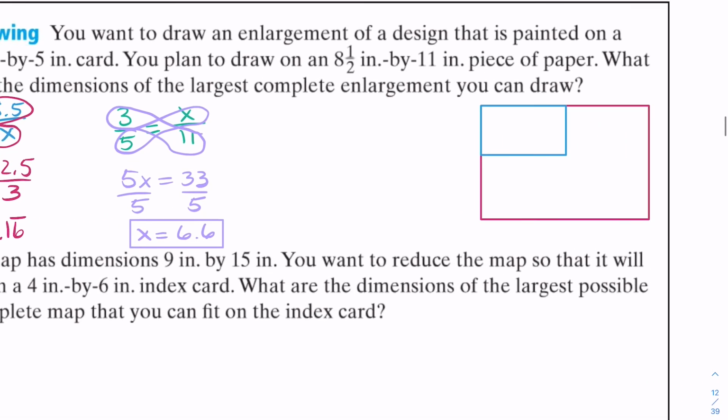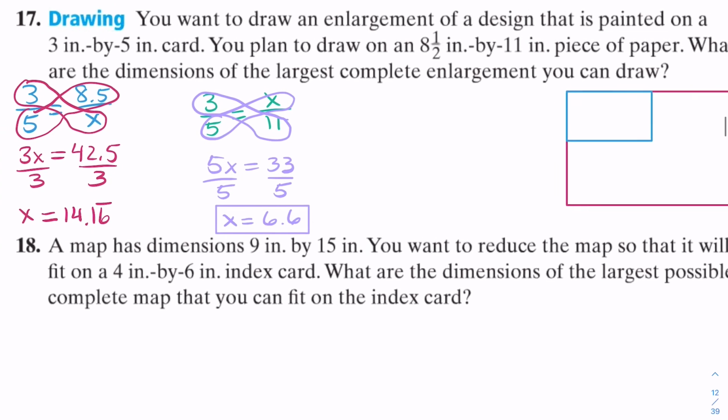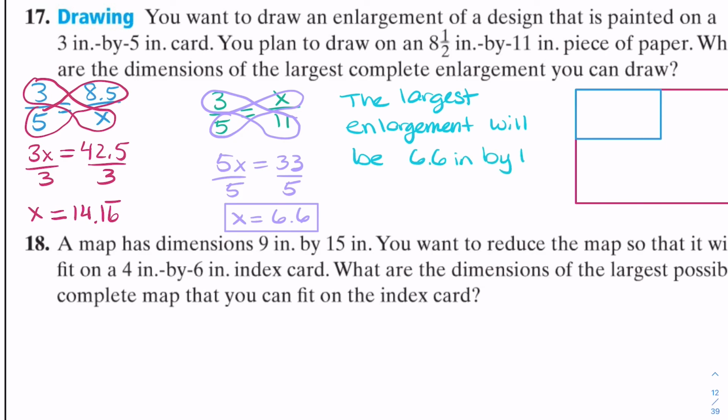So it says, what are the dimensions of the largest complete enlargement you can draw? So the largest enlargement will be, and we expanded it to be exactly 11 inches, but it's going to be 6.6 inches by 11 inches.